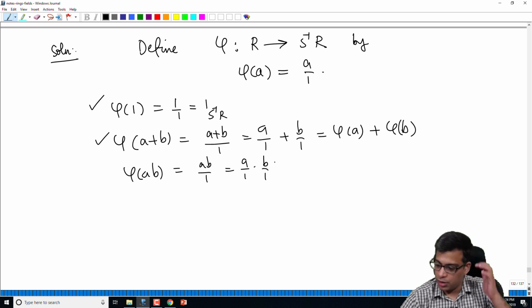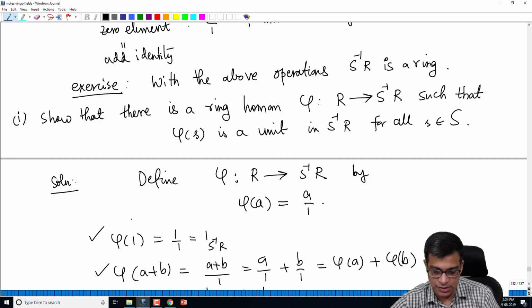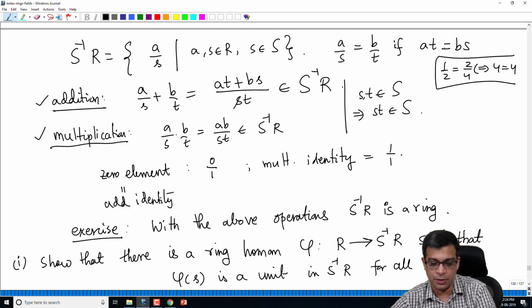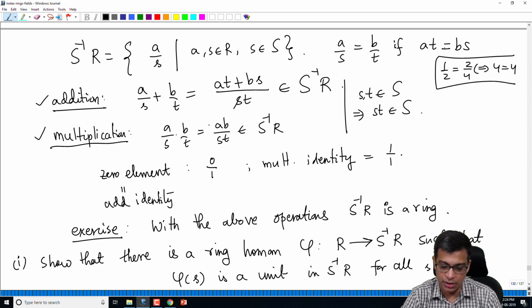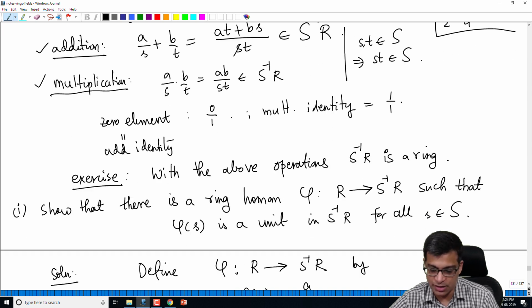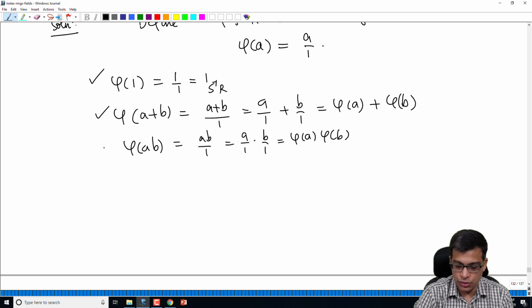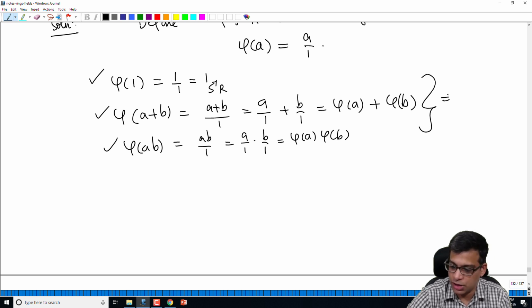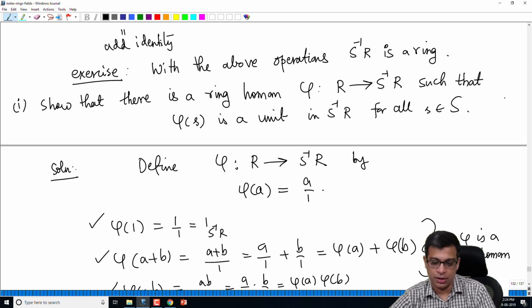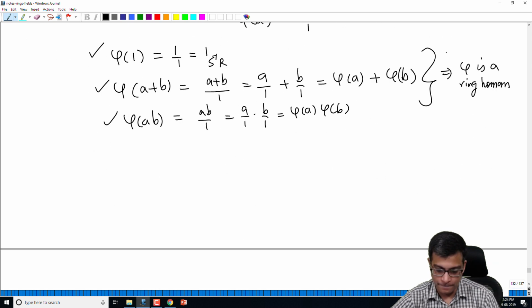Remember the definition of multiplication and addition in this ring: A by S plus B by T is AT plus BS by ST, and A by S times B by T is AB by ST. So this is phi A times phi B. So this shows that phi is a ring homomorphism. I am leaving the verification that S inverse R is a ring to you as an exercise.